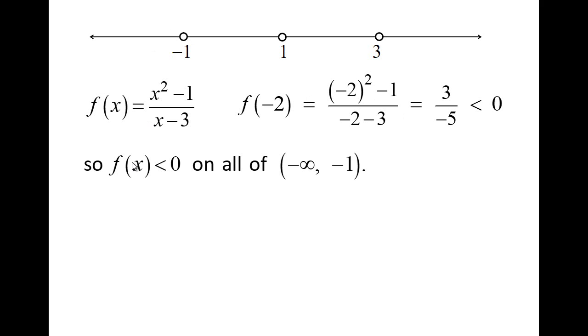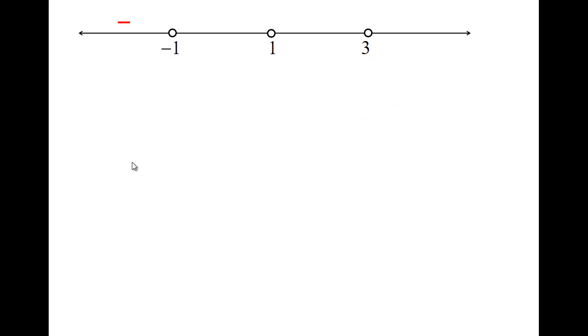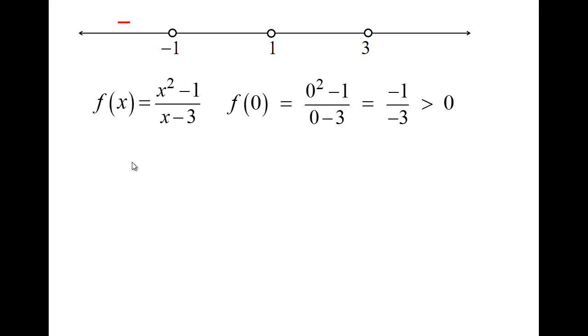So we just found that f is negative on the left side of -1. In between -1 and 1, well, the number 0 is there, so let's plug that in. F of 0 would be 0 squared minus 1 over 0 minus 3, which is positive. So we see that f of x is positive throughout the interval from -1 to 1.